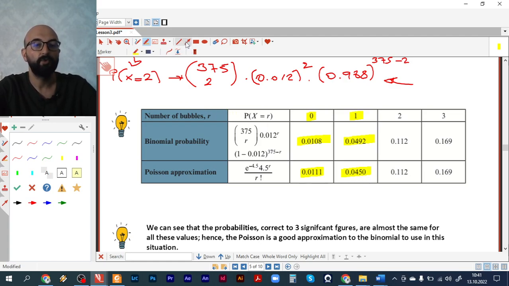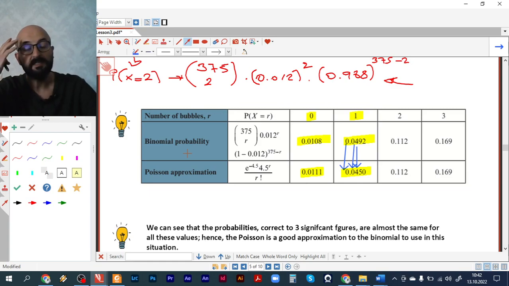And you notice that both values are very similar. So, for having a very short process, we prefer the Poisson distribution instead of the binomial distribution.